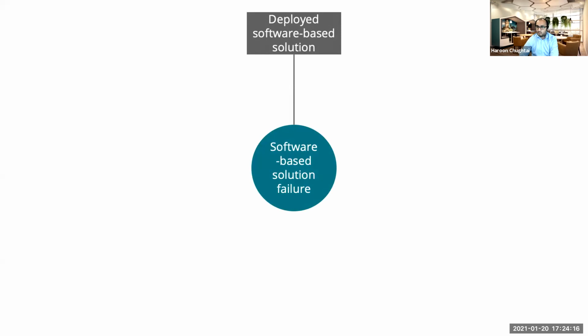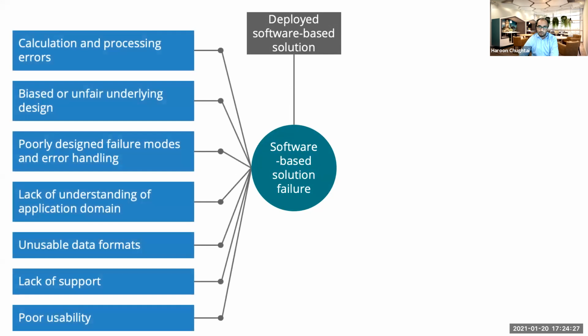So the reason you need to be quite careful and considered when deploying any sort of software-based solution, and those of you that work in healthcare settings as clinical scientists are probably well aware, is that it introduces a risk, and the risk here is of a software-based solution failure. And failure can occur in many different ways, and the impact of those can have quite devastating effects depending on where your software is deployed.